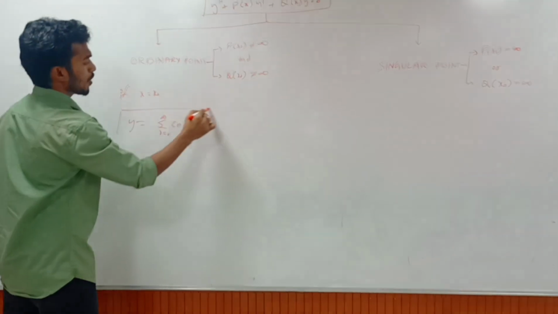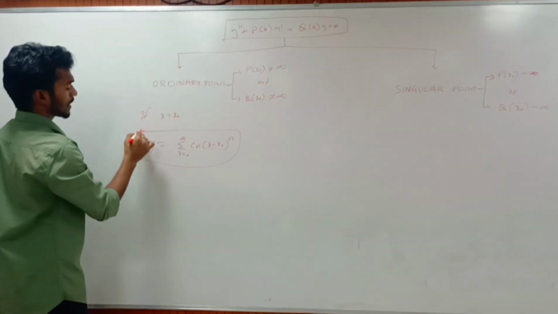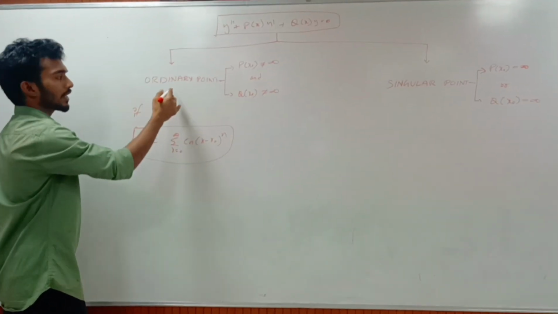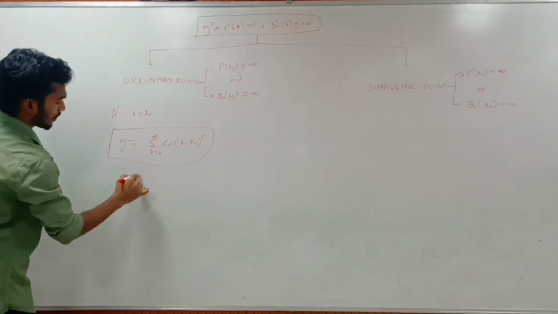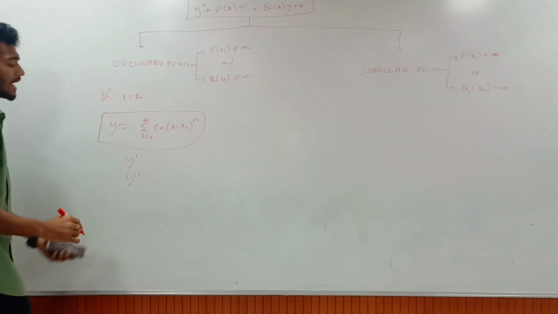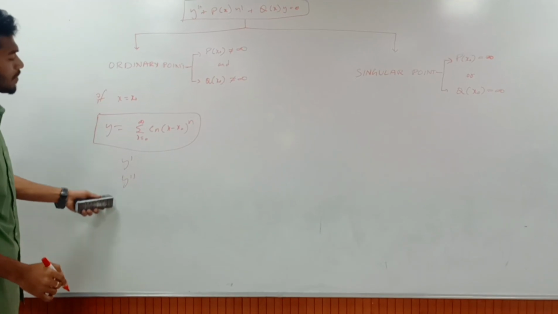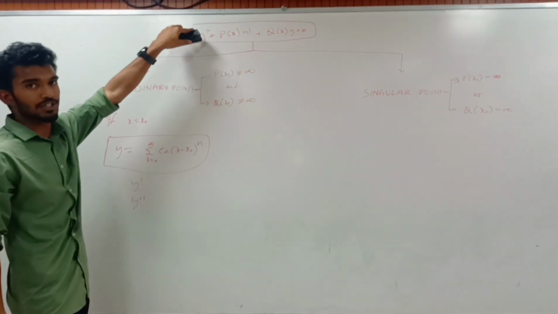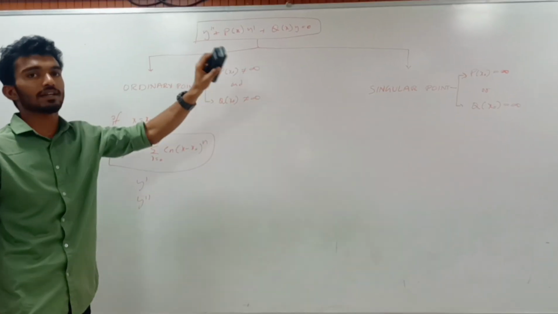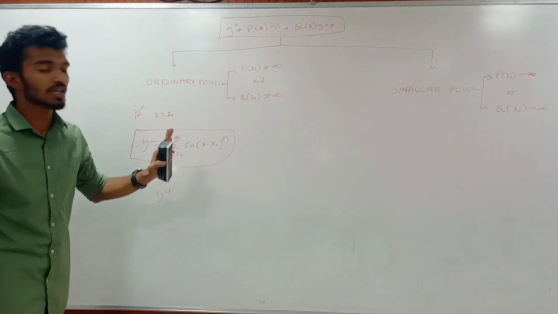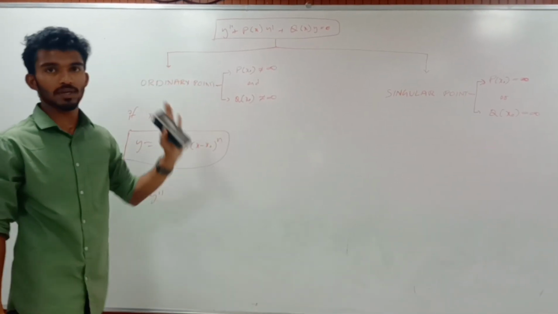This is the base formula which we use to solve the differential equation when we take an ordinary point as reference. We find y' and y'', substitute them in the given equation, and move on to find the solution in the form of a power series. All this we discuss in the upcoming videos.